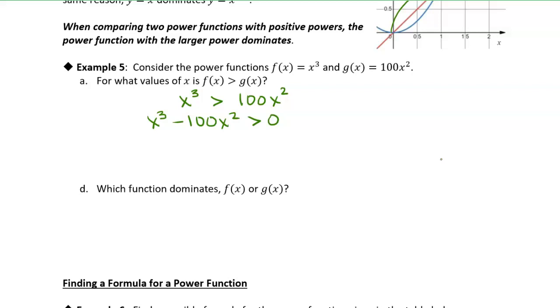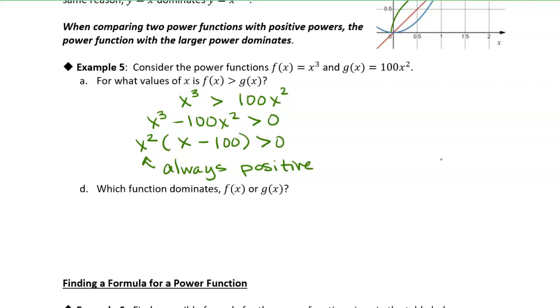All right, now I see a common factor of x squared. Let's go ahead and factor that out. So let me get x squared times x minus 100 is greater than 0. All right, so we're looking for where this expression x squared times x minus 100 is greater than 0. Now x squared is always positive.